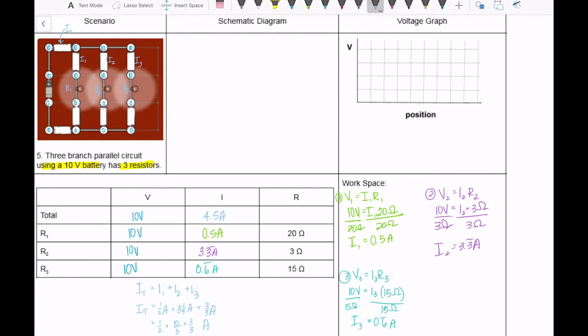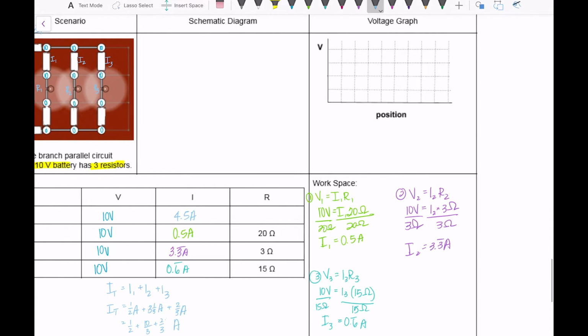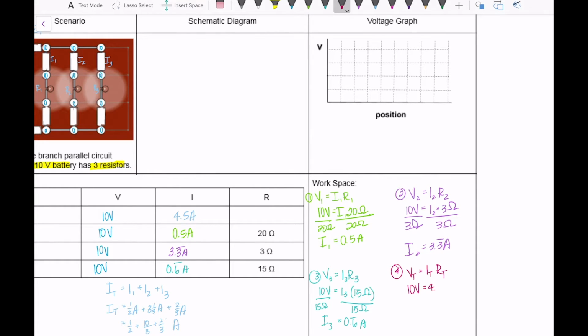All right, and so the last part is we're going to do some math for our total resistance. Using Ohm's law, 10 volts is equal to 4.5 amps times the resistance. When we divide by 4.5 amps on both sides, we get that the total resistance is 2.2 repeating ohms.